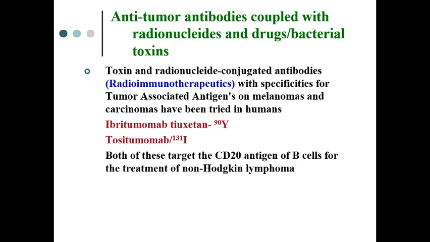Both these monoclonal antibodies, which are carrying the radionuclide, are targeted against the CD20 antigen of the B-cell lymphomas for the treatment of non-Hodgkin's lymphoma. Similarly, there are monoclonal antibodies developed against the melanoma antigens and other carcinomas which can deliver radionuclides directly to the tumor sites.